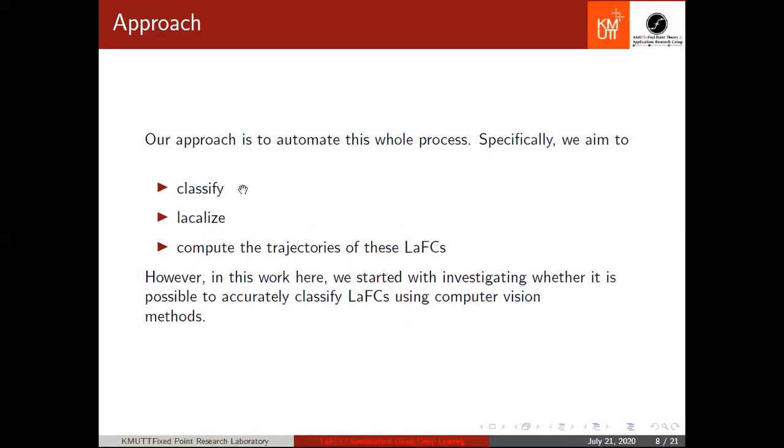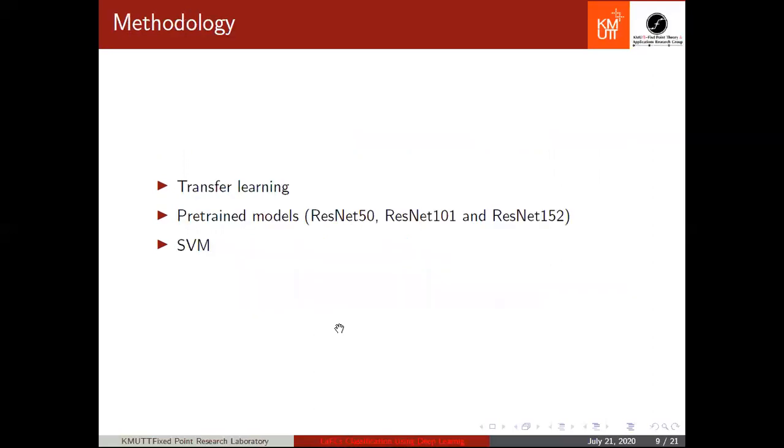Our main aim is to classify, localize, and compute the trajectories of these craters. However, in this work, we started with the classification. So we are investigating whether it is possible to accurately classify these low-angle craters using computer vision methods.